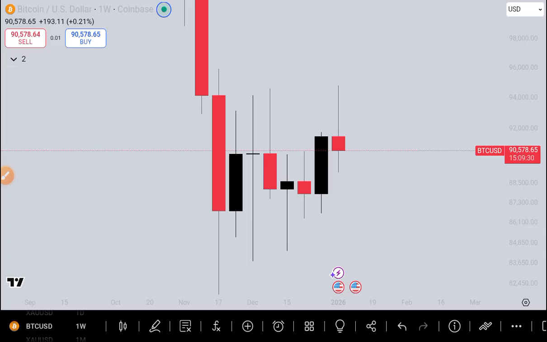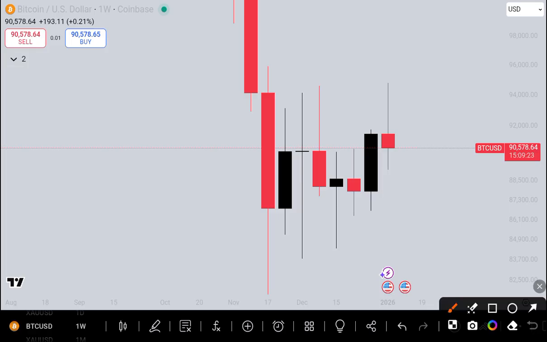But like we saw here, there was this range. Price did what? It mitigated the low, closed within the range, and finally took out the high.